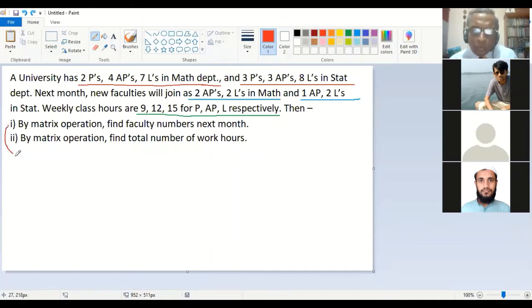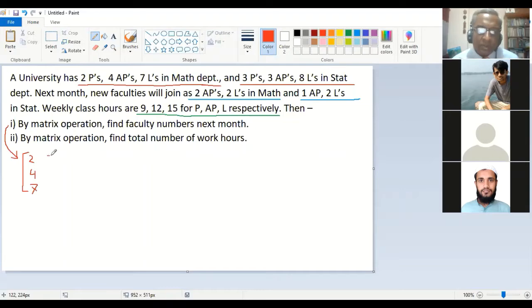For question number one, the number of faculties at the present moment is already given. So this is 2 professors, 4 assistant professors and 7 lecturers in the math department. I'm writing 1 column for math, and a second column for statistics.